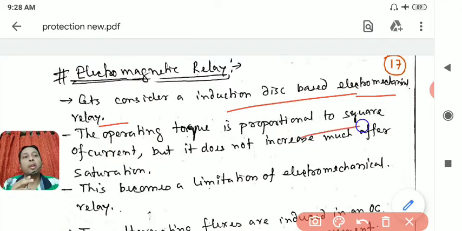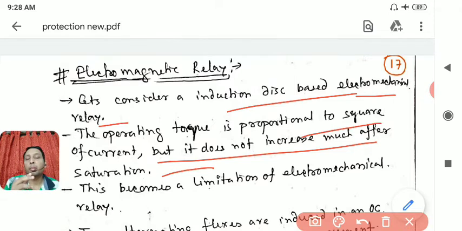The operating torque is produced by the square of the current. We will see how after the derivation. But the problem here is this relation between operating torque and current, it is I square. After a certain time, once saturation is achieved, because in an electromagnetic relay also there will be saturation like in a CT, since it all depends on magnetic flux and that depends on the material.